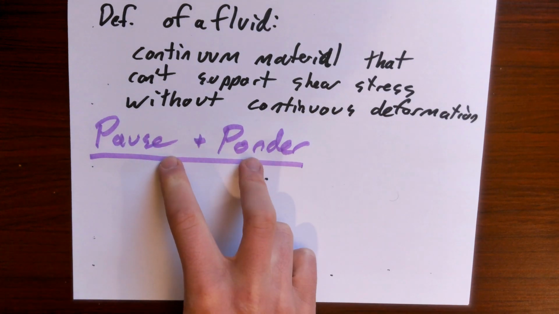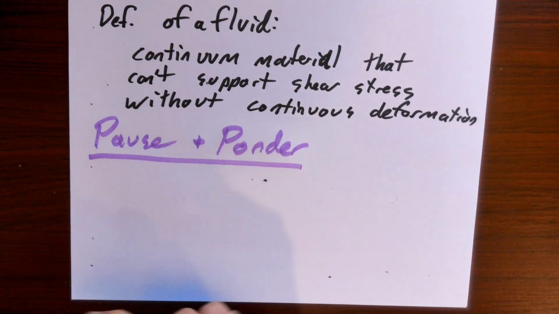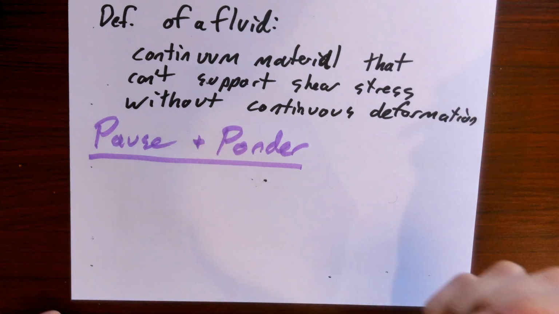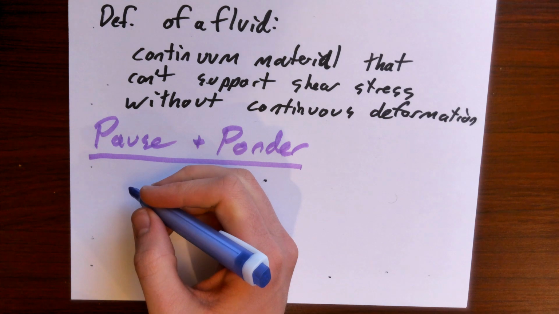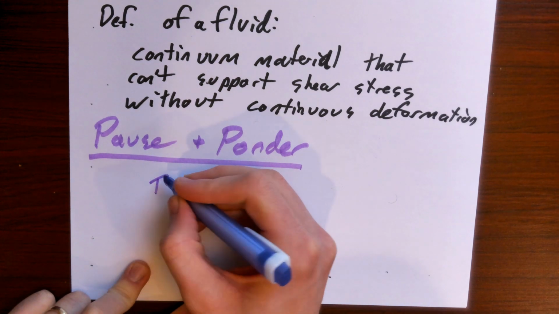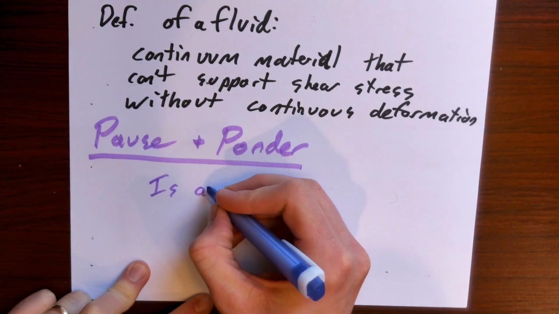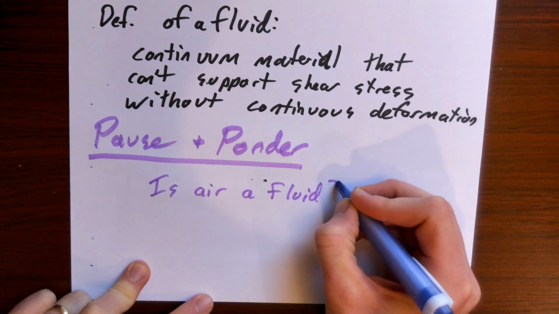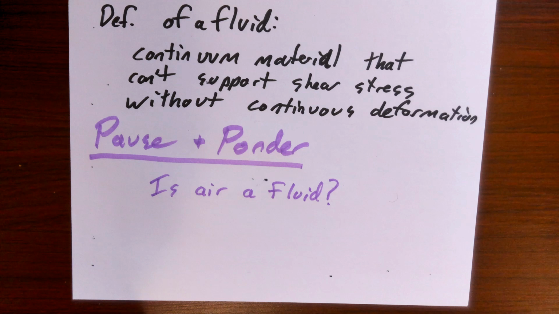You're going to get the most out of this course if you do during these questions. The first pause and ponder question is: is air a fluid? Pause, ponder, work out the answer or a guess in your notes, and then I'll reveal the truth.